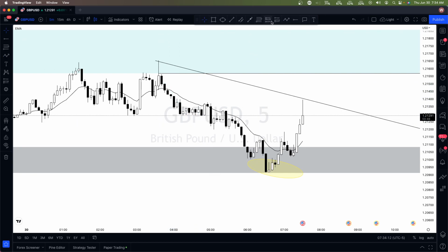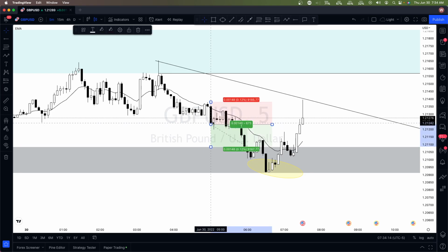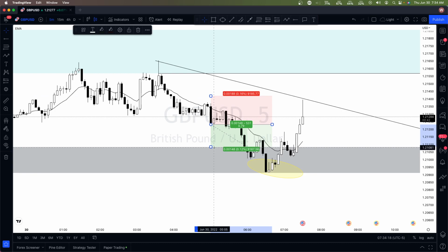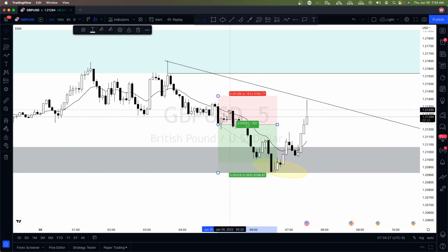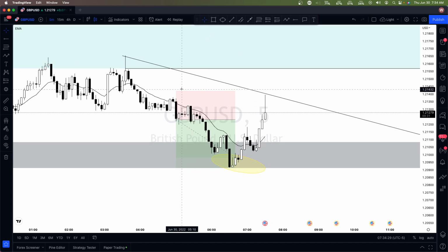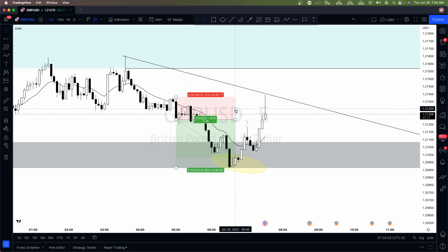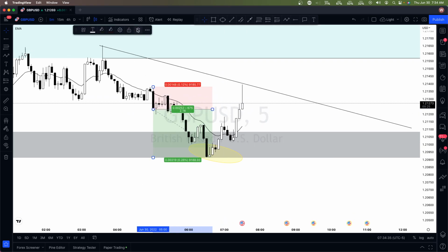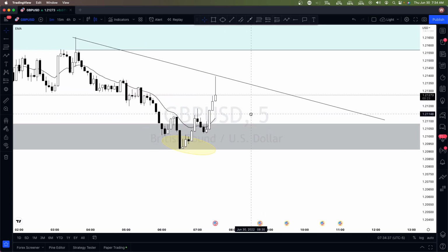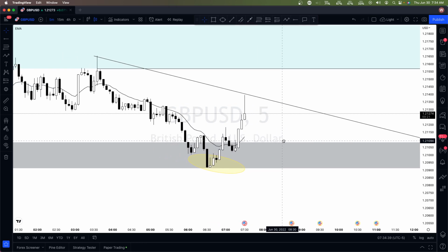Entry right there would have been a great entry. Stop loss, probably set it right there. All the way down here, if you saw this zone. Nice trade. We're gonna look for more clean setups.